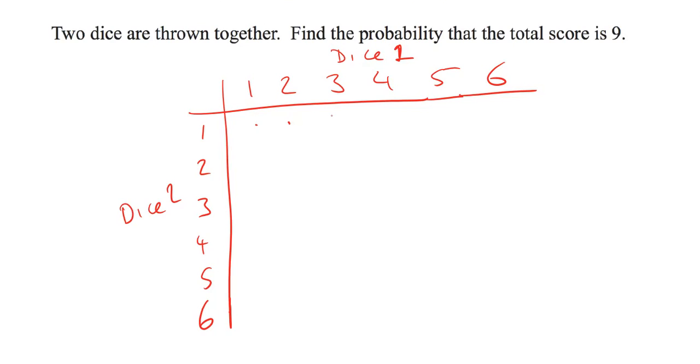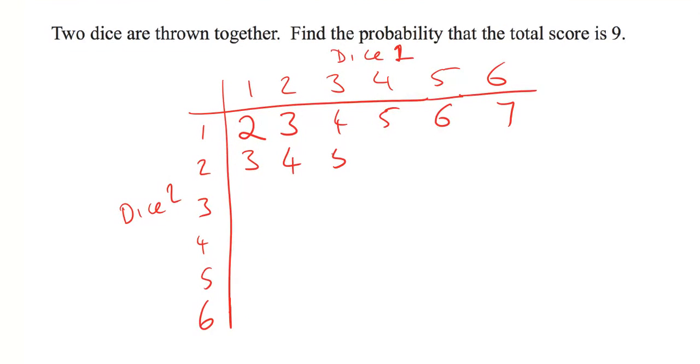So each one of these events inside the diagram represents a possible thing that could happen. So for example, that 2 represents the chances of getting a 1 on dice 2 and a 1 on dice 1, right? They add together to make that 2. So let's fill this out very quickly with the sum of the two numbers. So I'm writing 4 there because it's 2 and 2.